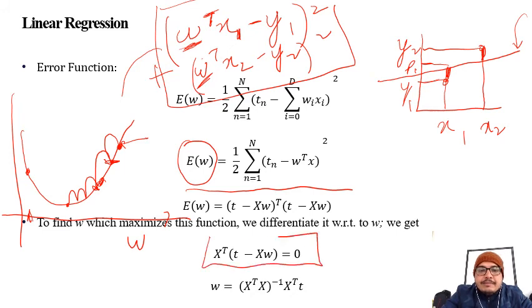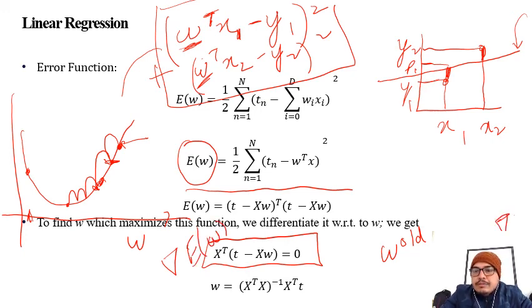If you want to update your W, your old W was this, and you take the gradient, which I am noting for now as gradient E of W. You take a walk of the gradient in the negative direction, and this gives you the new W. You keep on updating with this rule.